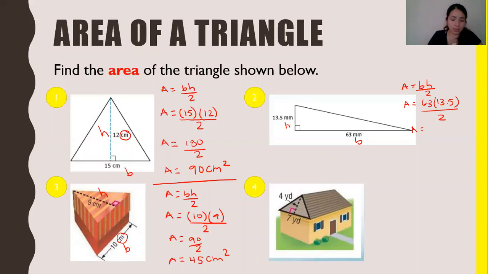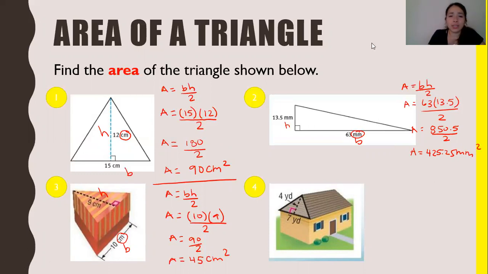I'm typing in 63 times 13.5. That gives me 850.5, but I'm going to divide that by 2. And my answer gave me about 425.25. Then I take the units, millimeters, and I square it because it's an area.